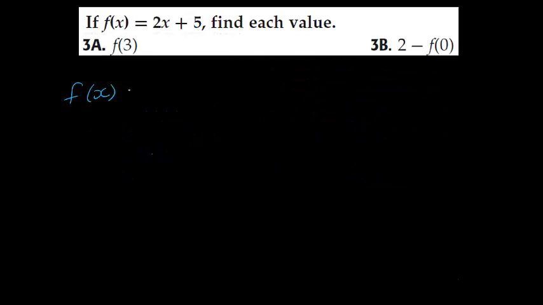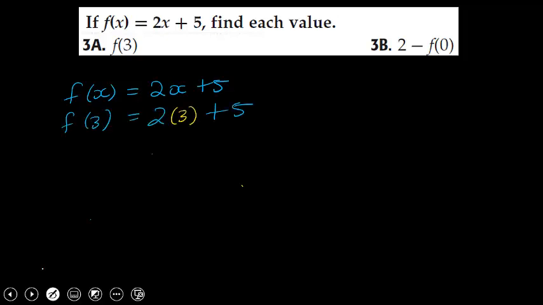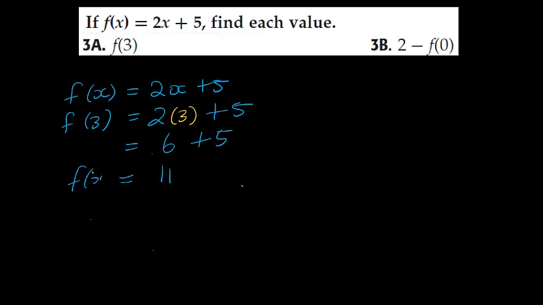The f of x is equal to 2x plus 5. So the f of 3 would equal what? This becomes f of 3 equals 2 times 3 plus 5. 2 times 3 is 6 plus 5 equals 11. f of 3 equals 11.